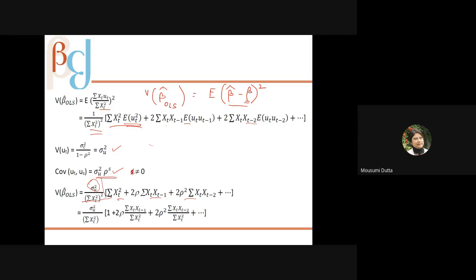The rest of the things are summation xt square, plus 2 here for the first order lag, so rho summation xt xt minus 1, because the expression is summation xt xt minus 1 expectation of this part. So here there are two components, rho and sigma u square. Sigma u square I am keeping outside as a common factor, and rho here. Following the same logic, plus 2 rho square, because here I have rho square sigma u square. So sigma u square outside and rho square here. Summation xt xt minus 2 is already there.